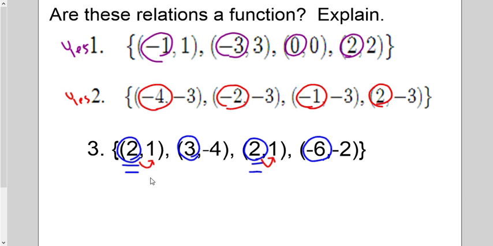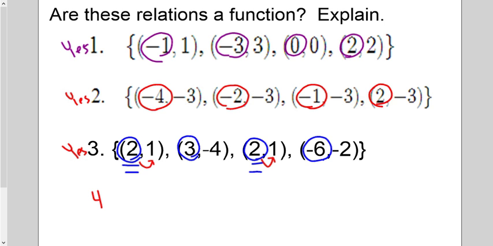Oh, okay, that's fine. We got the same y value, so yes, it's a function. If this had been a different y value over here, if it had been anything but +1 for this y value, we would have said it violated the definition of a function, and we just would have said that it is not a function. So these are all examples of relations that are functions.